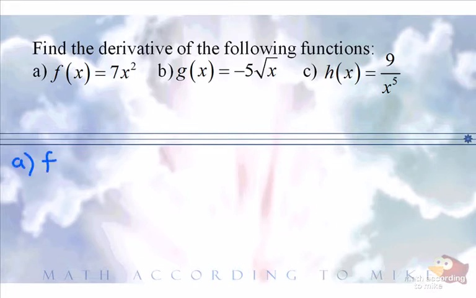I will show you the long way, and then I'll just tell you the short way. At first, we would ignore the 7 and just multiply it by the derivative of x squared, which would be bring the 2 down in front, leave the x alone, and take 1 off the exponent. Oh, that should be a 2 there.